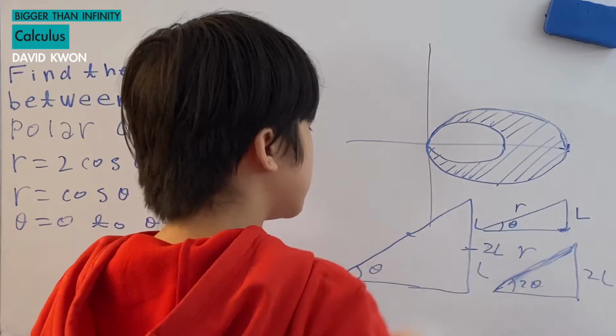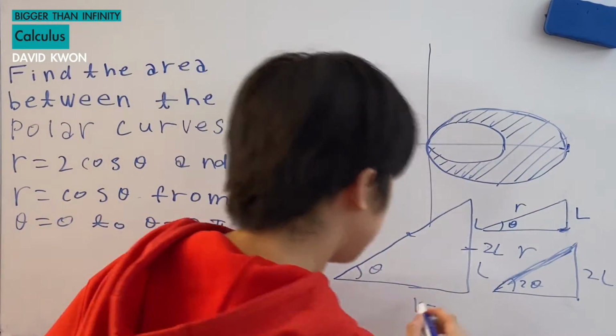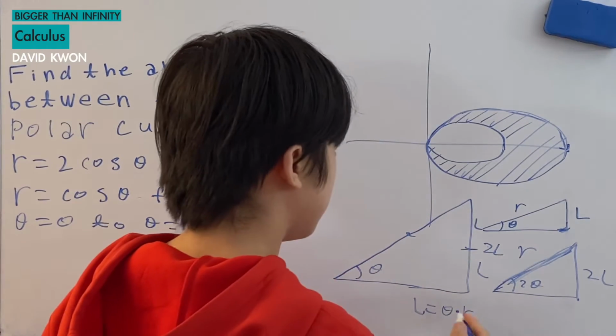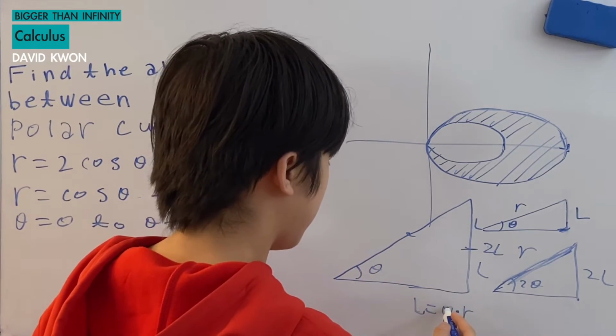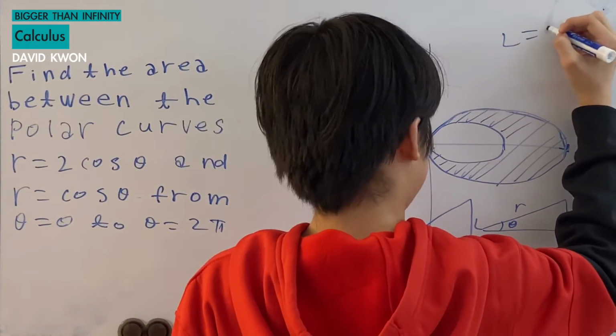So we can state that the L is proportional to the theta and the r. So the length is theta times radius.